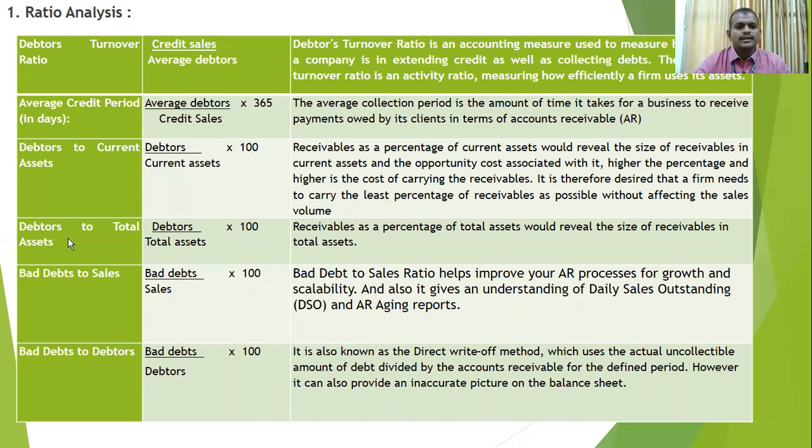So next one, debtors to total assets ratio. Receivables as a percentage of total assets would reveal the size of receivables in the total assets. Next one, bad debts to sales ratio. Bad debts to sales ratio helps to improve accounts receivable process for growth and scalability.